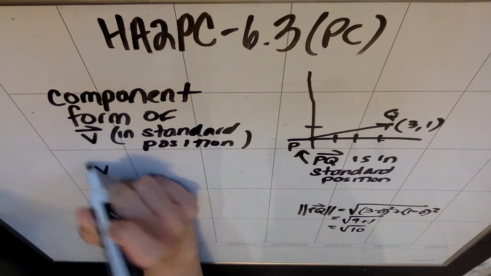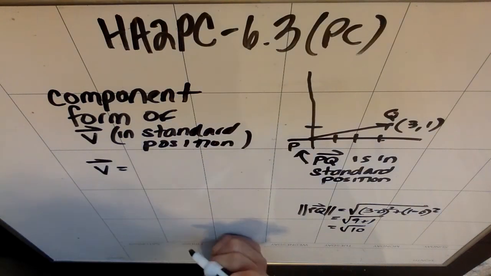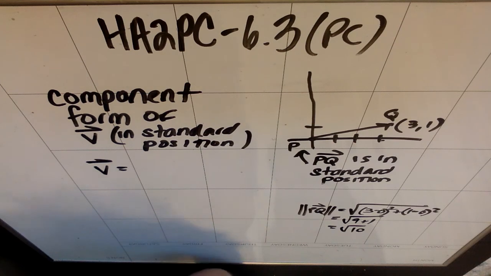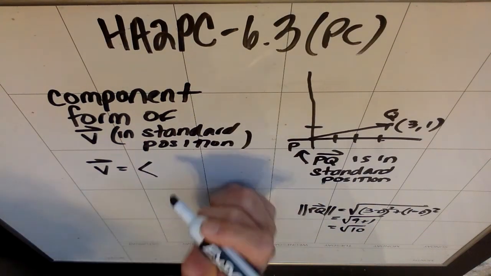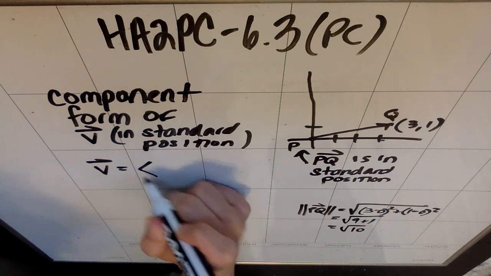Vector V can be written with a grouping symbol, just like we use parentheses for points, braces for lists, and parentheses and brackets for inequalities when excluding or including endpoints. When we do vectors, we use these pointy brackets that kind of look like less than or equal to signs. So instead of a parenthesis, we use this pointy bracket.